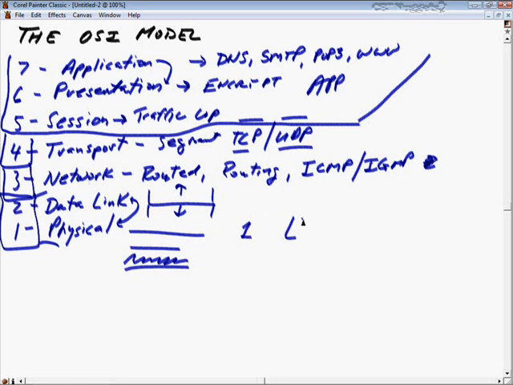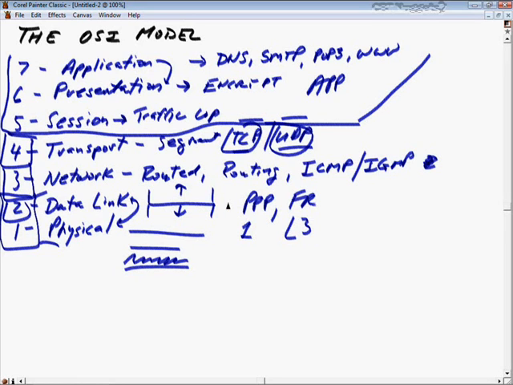If you say layer 3 protocols, we're talking about RIP version 2, ICMP, IGMP, Open Shortest Path First. If you talk about layer 4 protocols, you're talking about TCP and UDP. A layer 2 protocol might be Point-to-Point Protocol, PPP. Frame relay is also a layer 2 protocol. So we still use these OSI model labels to label different types of protocols.